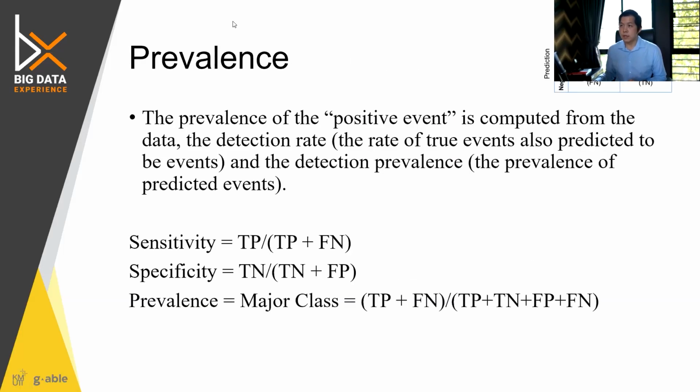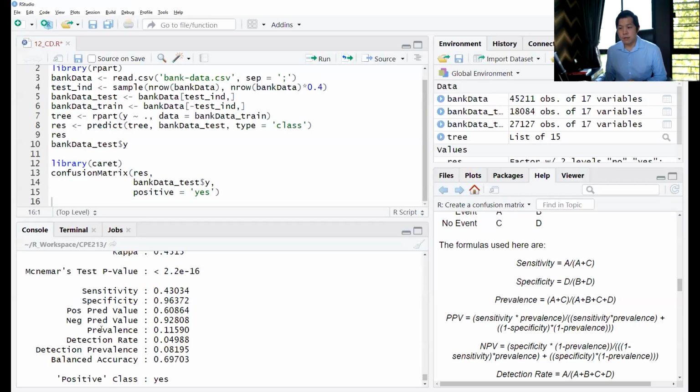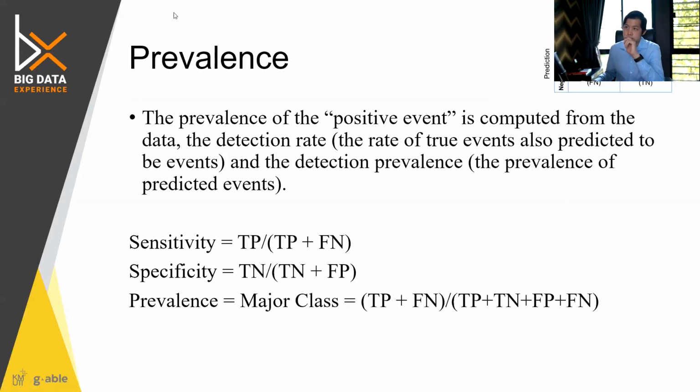So if we switch to this one, because positive is yes, we got a prevalence of 11.5%, and this prevalence indicates the positive class. Okay, not the majority class, sorry, not the major class. I should correct this.